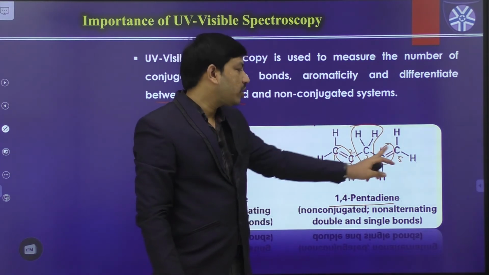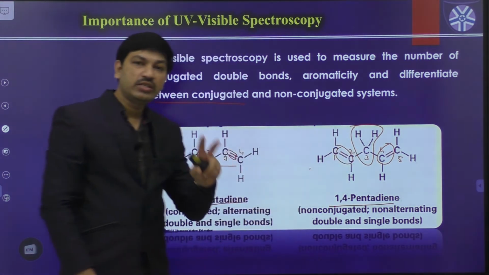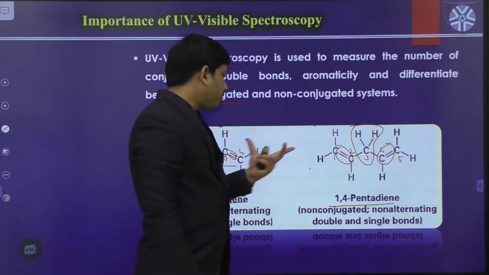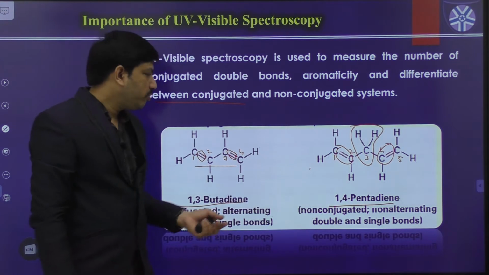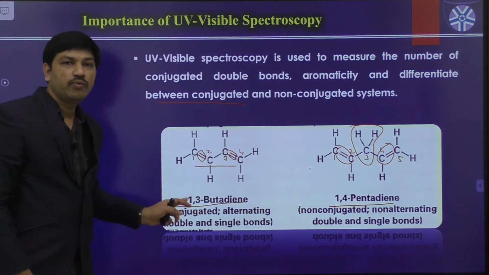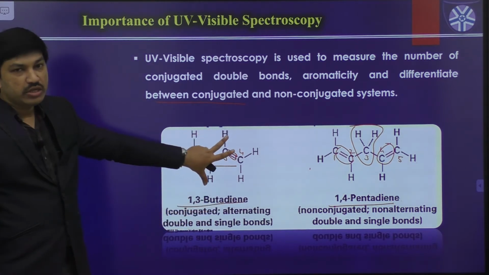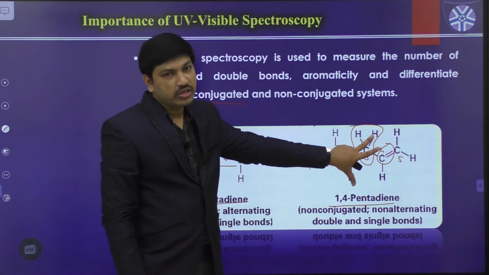So that means this is a non-conjugated system, but both these molecules have the same 2 double bonds. We have the diene moiety only, but this is 1,4 pentadiene, and this is 1,3 butadiene. So this is one of the conjugated systems, and this is a non-conjugated system.